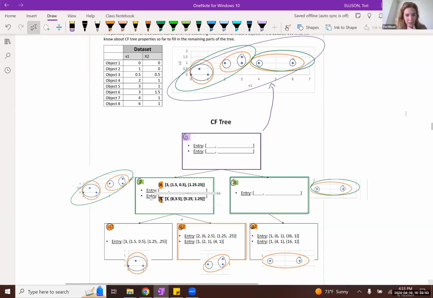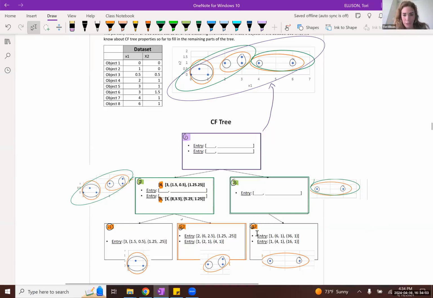Okay. And so again, this is the CF entry, the cluster comprised of essentially merging together these two subclusters here.